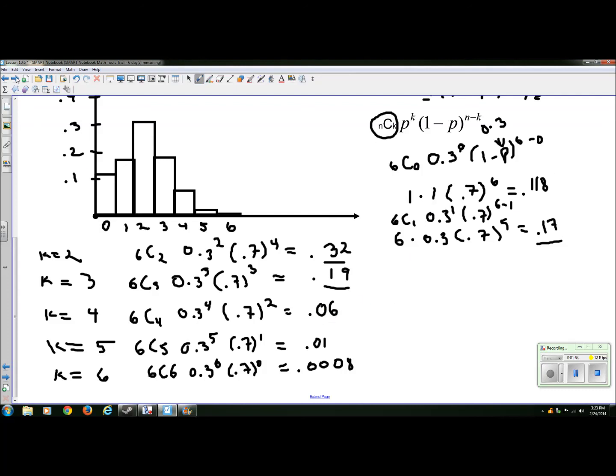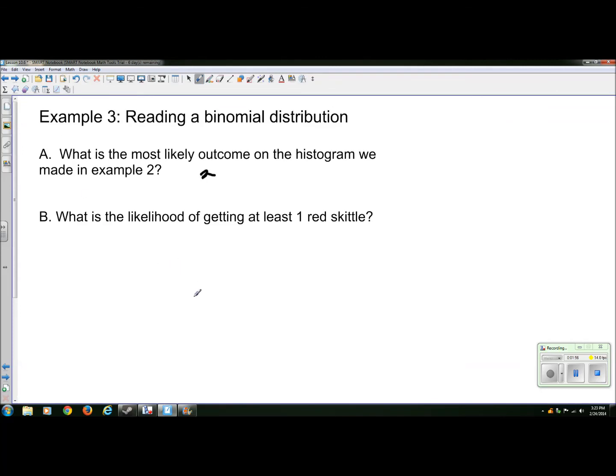Or we could take the less work route and realize that the probability of getting at least one red Skittle is the probability of the complement of getting no red Skittles. So really, this is 1 minus the probability of having 0 Skittles appear.